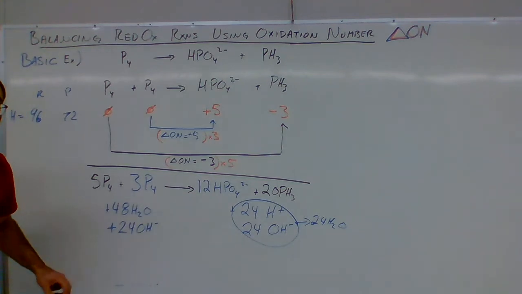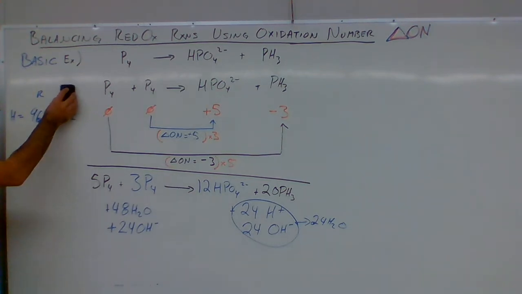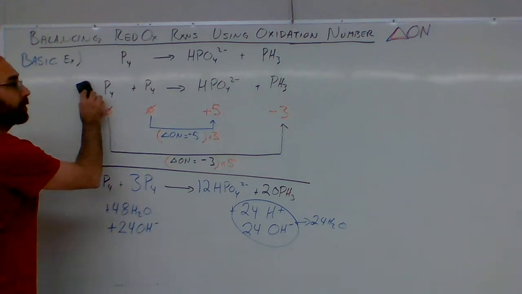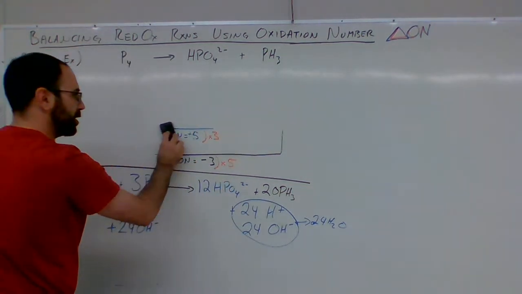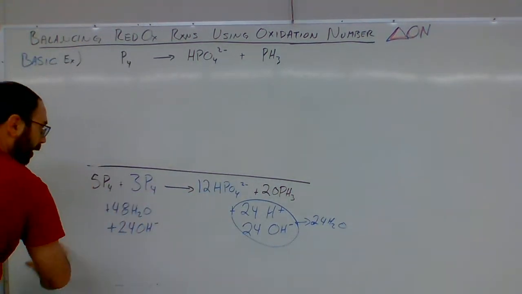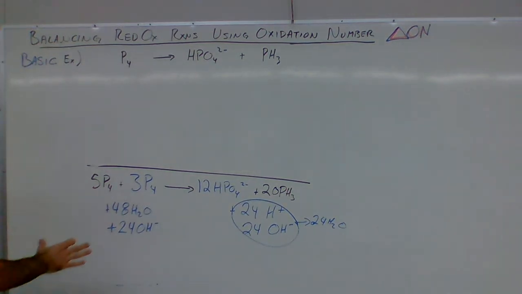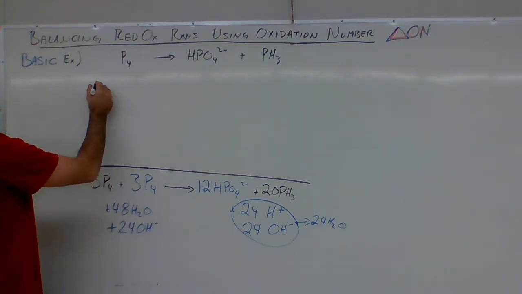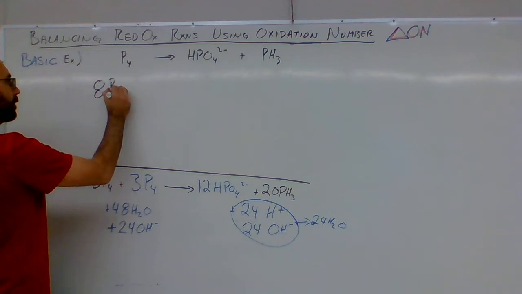Let's run out of space on the board here. So I'm going to get rid of this middle section where we looked at that oxidation number change, and let's just rewrite this. So what do I have? I've got 8 P4.